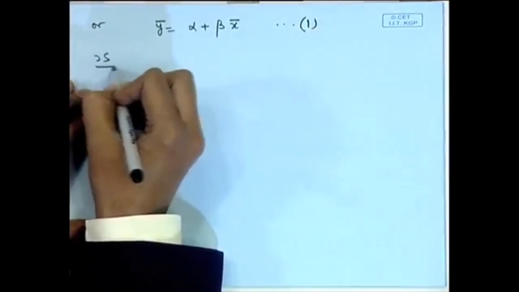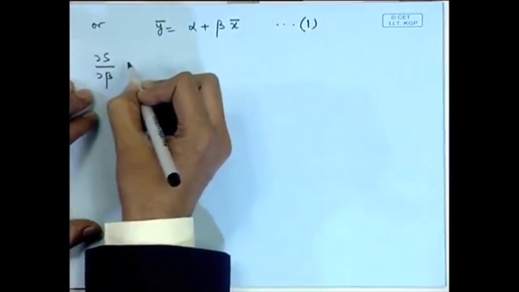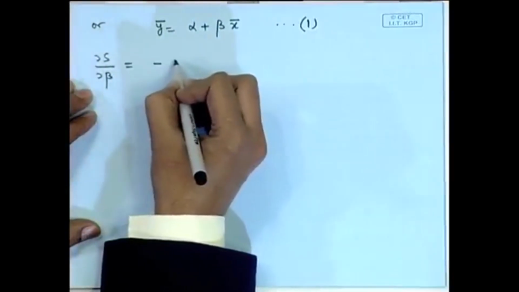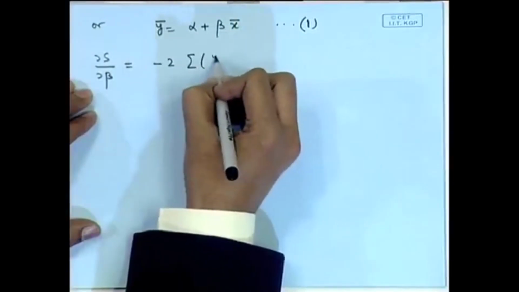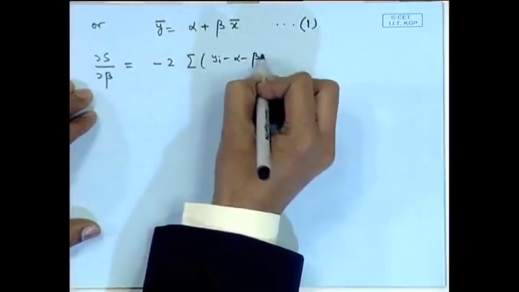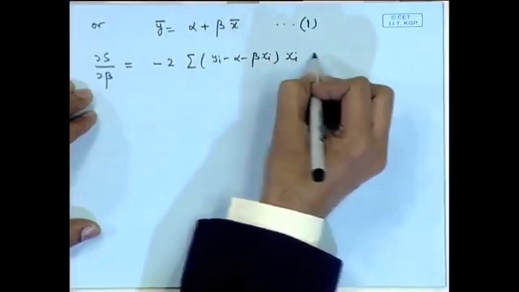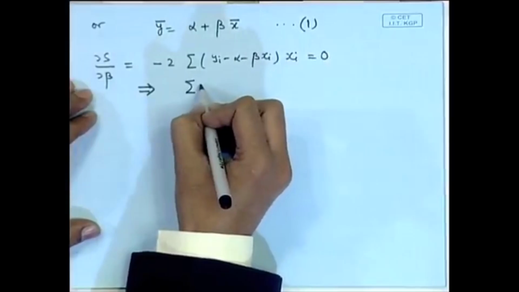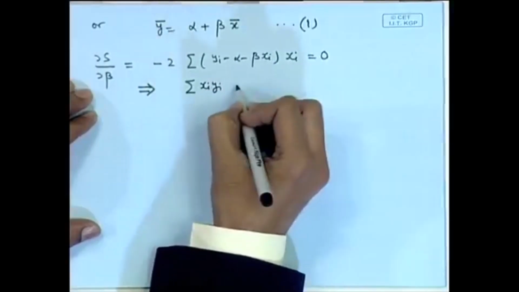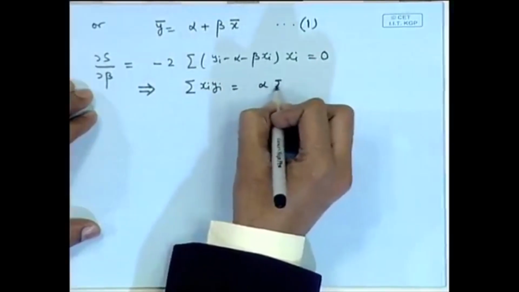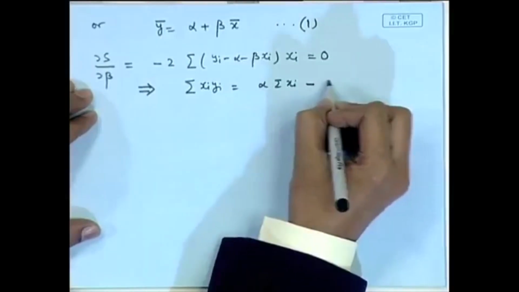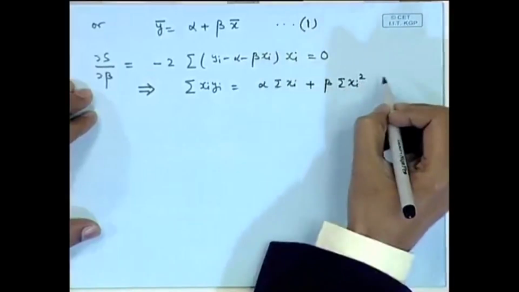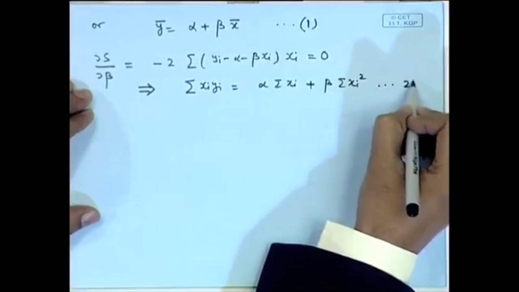The second equation is obtained by del S by del beta equal to 0, that means, minus twice sigma y i minus alpha minus beta x i into x i is equal to 0. After simplification, this results in sigma x i y i is equal to alpha sigma x i plus beta sigma x i square. Let me call it equation number 2.